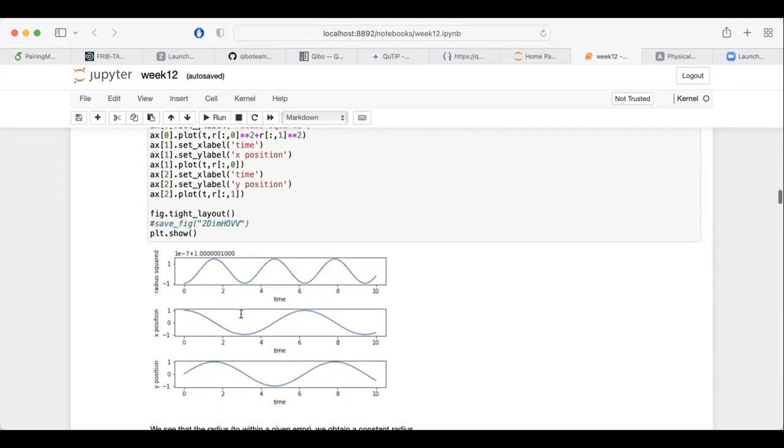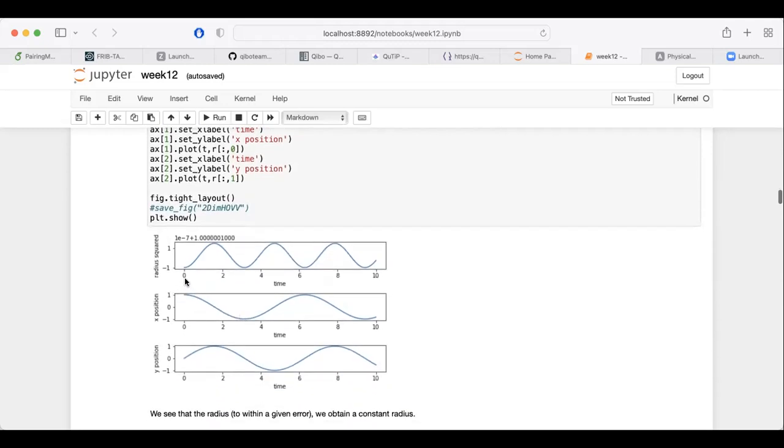The only thing is that now you're solving the problem in 2 dimensions, and when you solve things in 2 dimensions, you can get solutions which fluctuate a little bit more, because you have more dimensions to deal with. You will typically see that the radius squared is 1 plus some error, which is 10 to the minus 7. And this depends on your time step size.